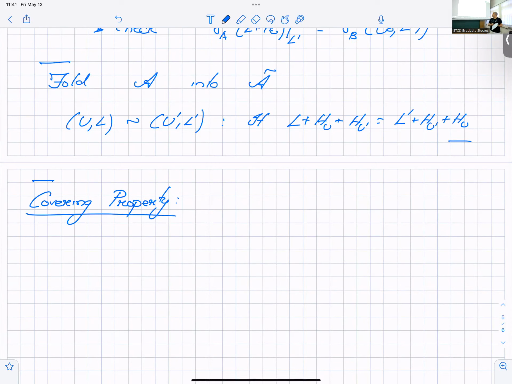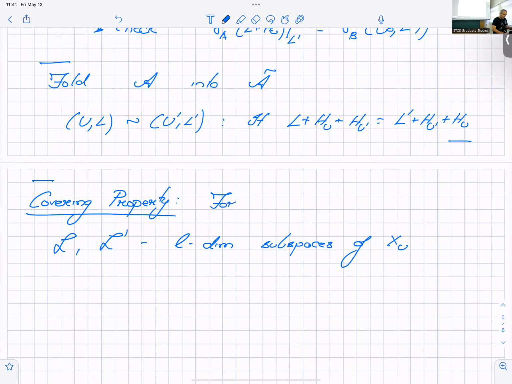When you define two distributions, L and L prime, both on L dimensional subspaces of X_U, for a fixed u, which is a set of k equations, I'm going to define two different distributions.